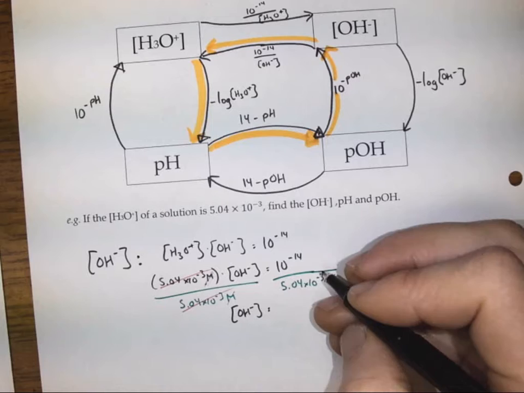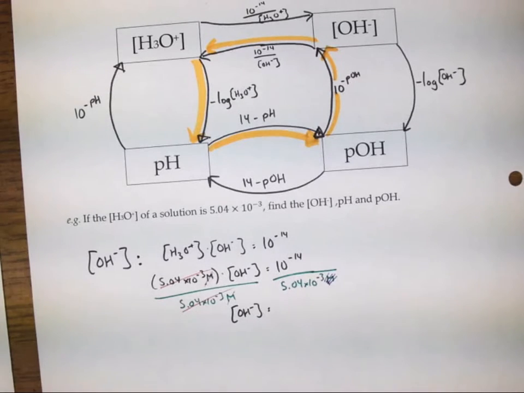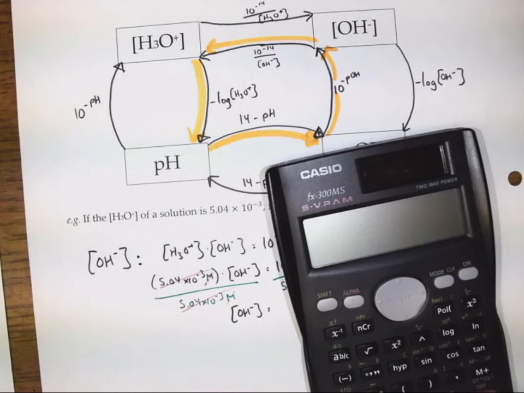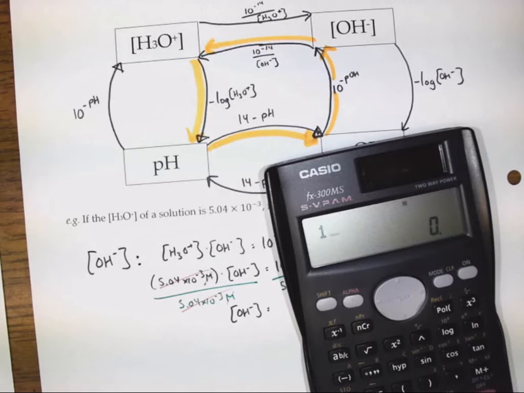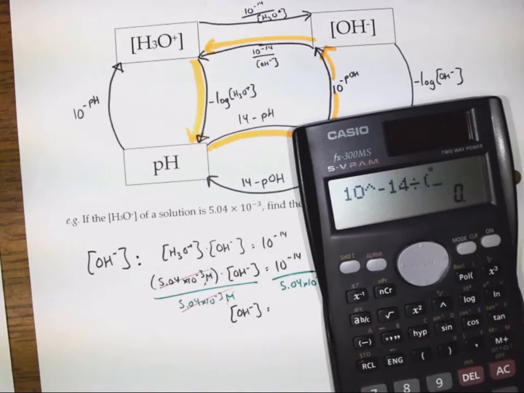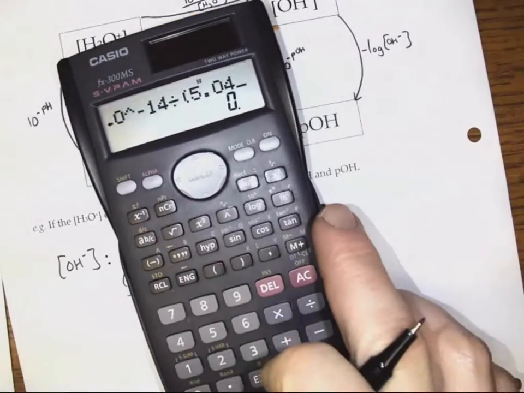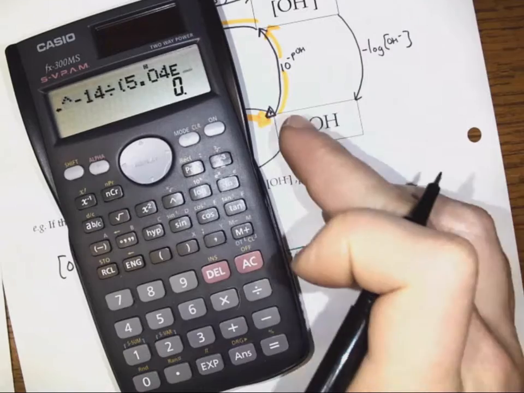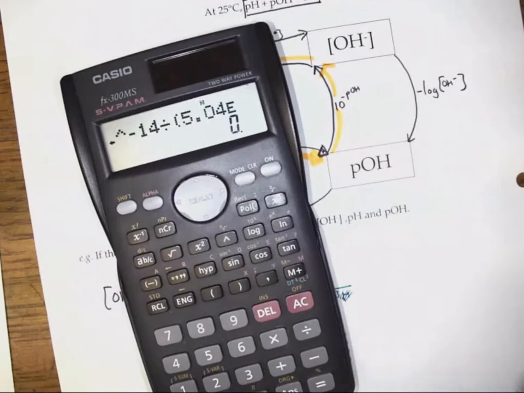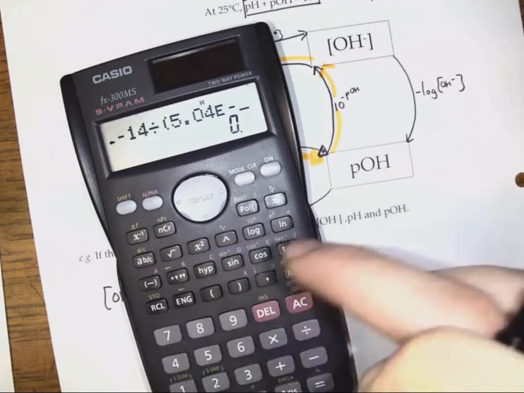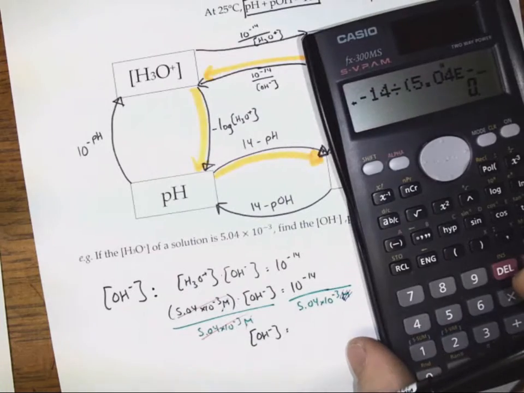That's equal to 10 to the power of negative 14 divided by, I'm going to open up a set of brackets to make sure everything goes in nicely, 5.04 times 10 to the power of negative 3.